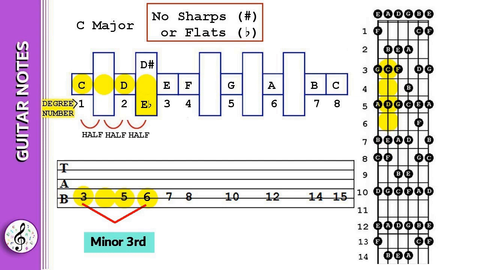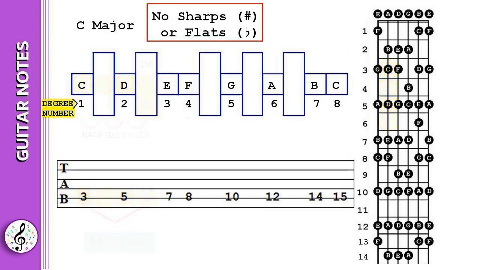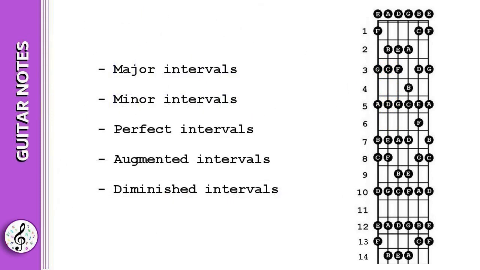So this is the difference between a major and a minor scale and a chord, is this third note is the most prominent difference. Other types of qualities that you'll hear referred to with intervals are major intervals, minor intervals, perfect intervals, augmented intervals, and diminished intervals.